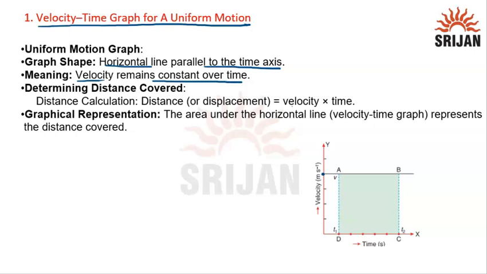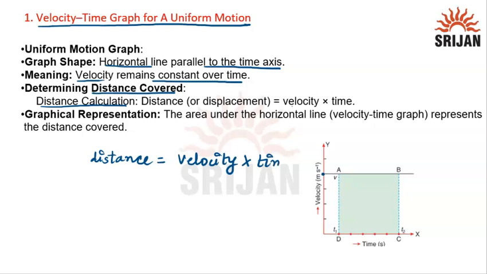With the help of this velocity time graph, we can calculate the distance. How do we calculate the distance using a velocity time graph? The distance is nothing but the area under the velocity time graph, which is velocity multiplied by time.